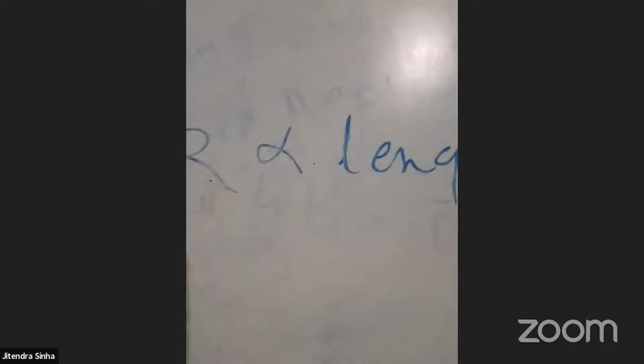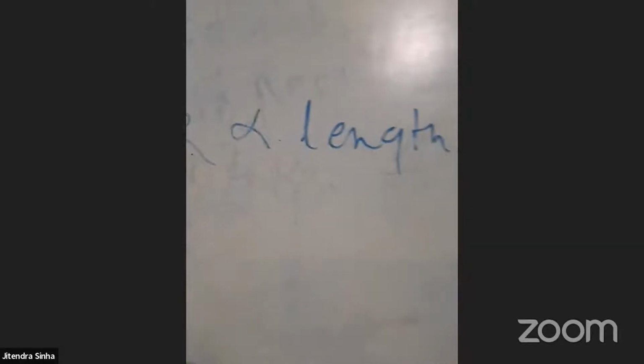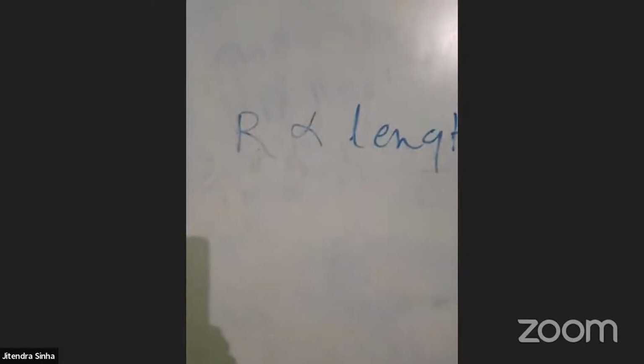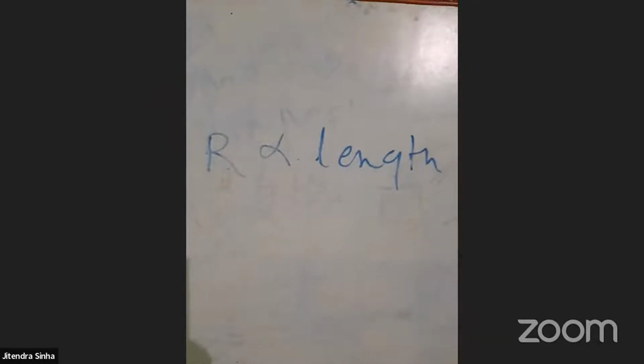देखो, resistance जो है, you just see this resistance R, ठीक है? It is directly proportional to the length of the conductor. Means if the length of the conductor increases, the resistance also increases.